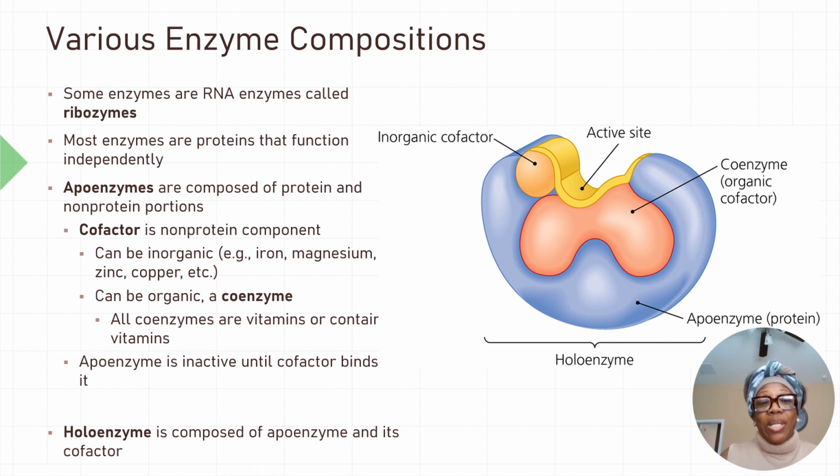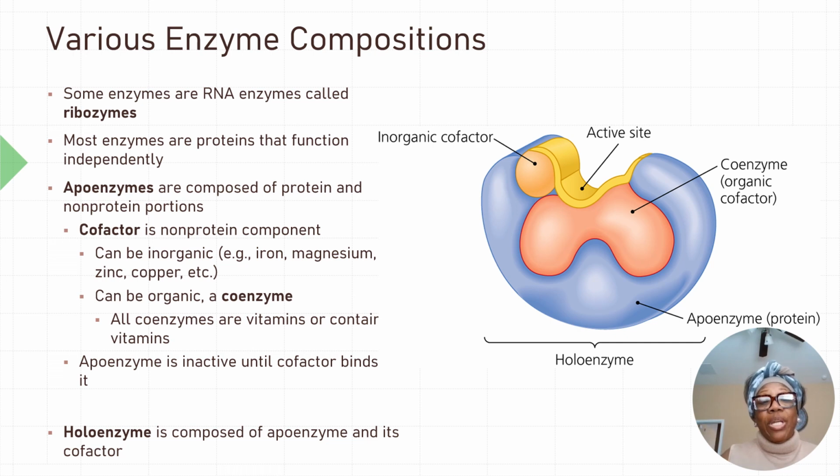So these apoenzymes are inactive. They are an inactive unit until a cofactor binds to it. And again, the cofactor can be inorganic, like iron, magnesium, etc., doesn't contain any carbon, or it can be organic, which contains carbon, carbon bound with hydrogen. If it's organic, then it is called a coenzyme. And remember that coenzymes are either vitamins or they contain vitamins.